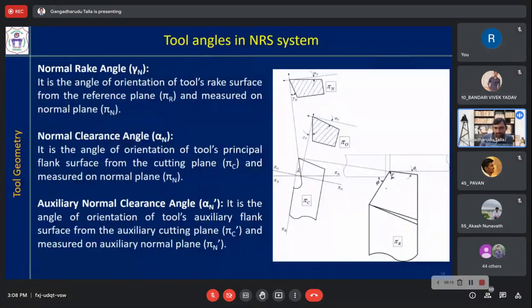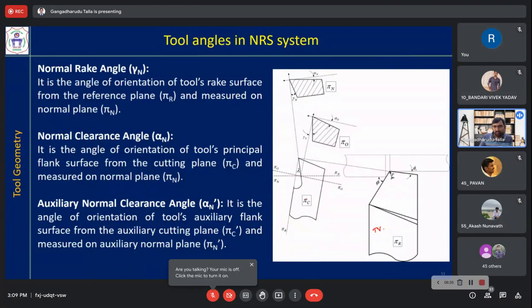So what we are saying is this. This is a top view. It is on pi r plane. This is principal cutting edge angle pi. This is auxiliary cutting edge angle pi 1. We all know this.